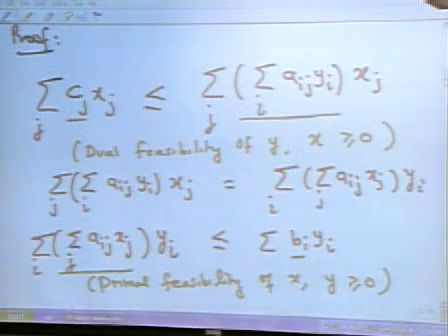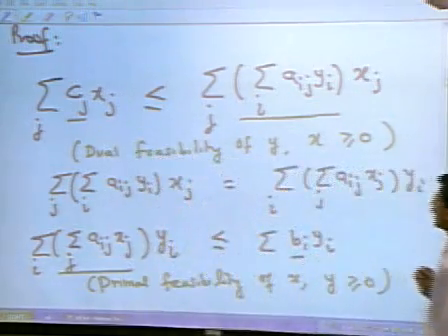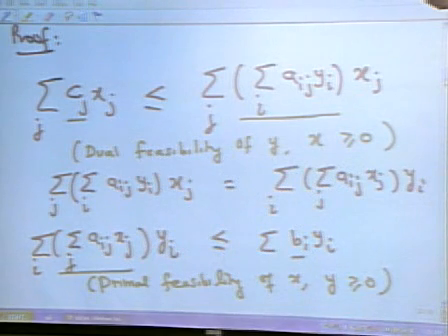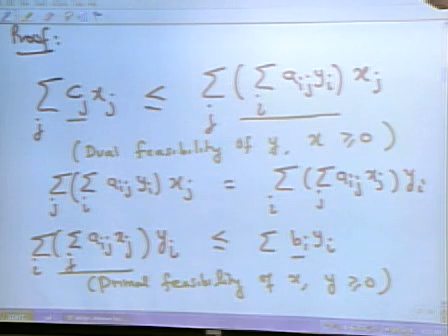So you start out by looking at the primal objective value associated with x, and you observe that that quantity is at most this. To derive this inequality, you make use of two things. You make use of the fact that y is dual feasible; therefore, this quantity over here, underlined in green, is at least this quantity c_j. And you make use of the non-negativity of x_j, so you get this.